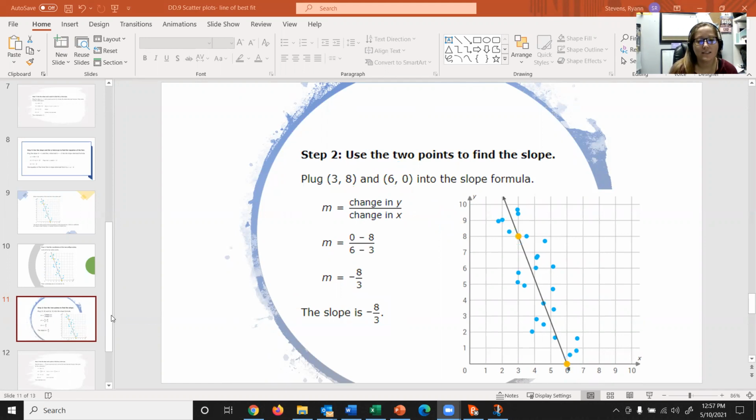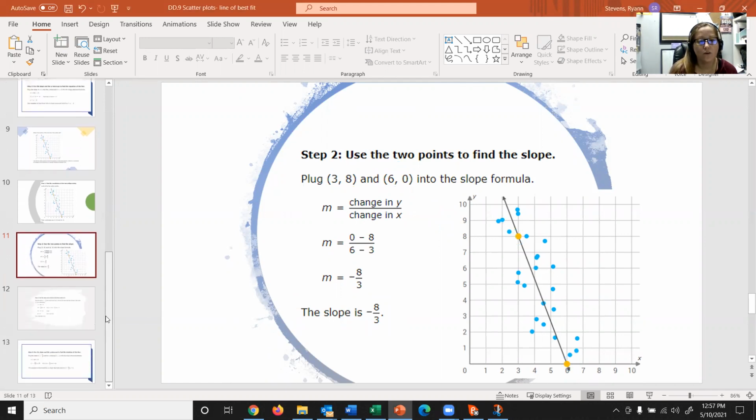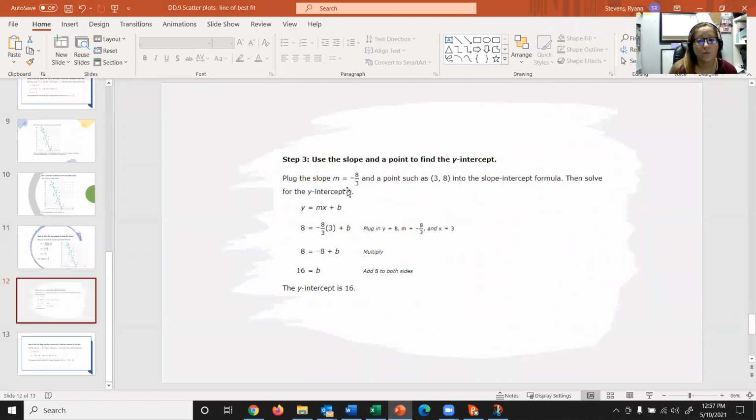So now we're going to go to the next step and solve for b. We want to plug this into the formula. The slope-intercept formula is y is equal to mx plus b, and we know that our slope is negative 8 over 3. We're going to use the ordered pair (3, 8) to plug into the formula.